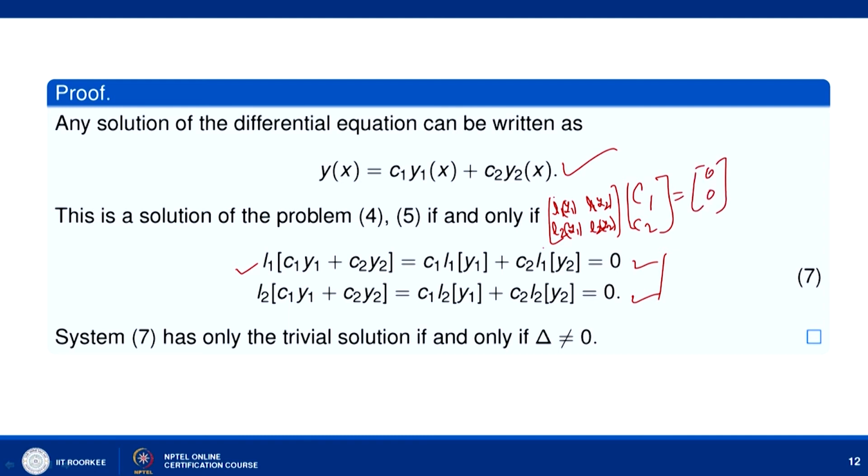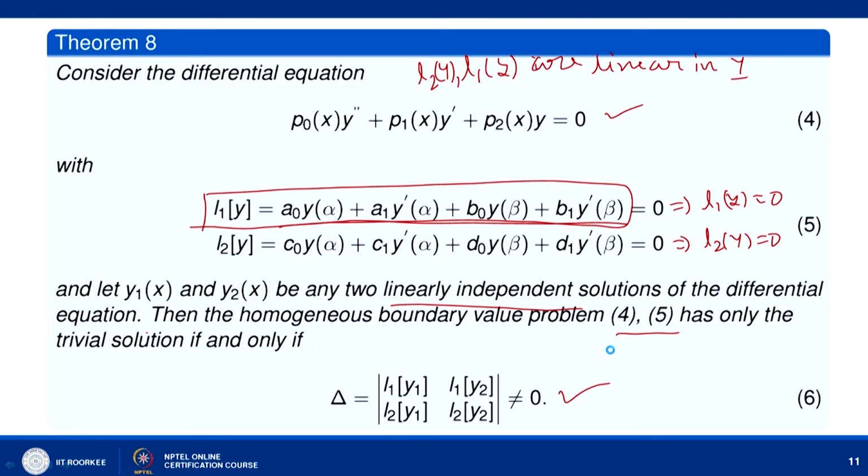So we have Ax equal to 0. This system has only the trivial solution provided that the determinant of this coefficient matrix is non-zero. So that is the content of this theorem: the homogeneous boundary value problem will have only the trivial solution if and only if this quantity delta, the determinant, is non-zero.